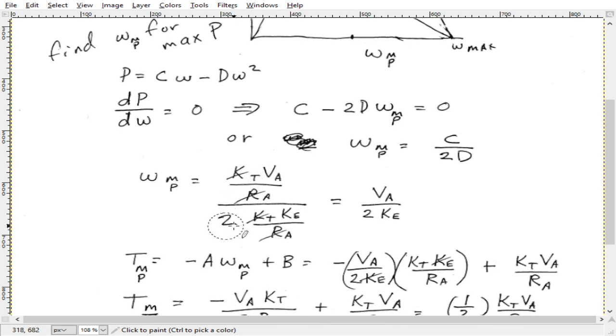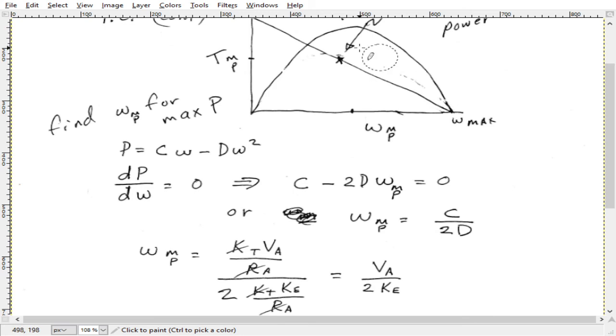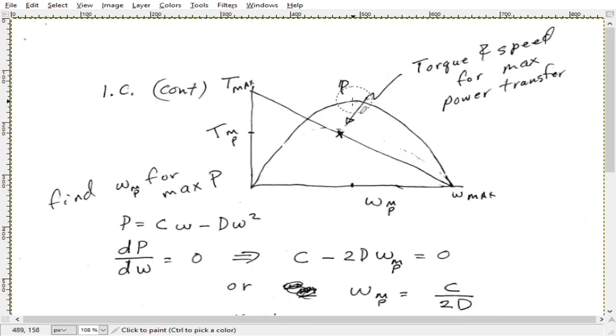This is c, 2 times d, and I find that the speed at the maximum power transfer occurs for a value of VA over 2 times KE. So that's what this speed is. That's the speed when I have maximum power transfer, right here.